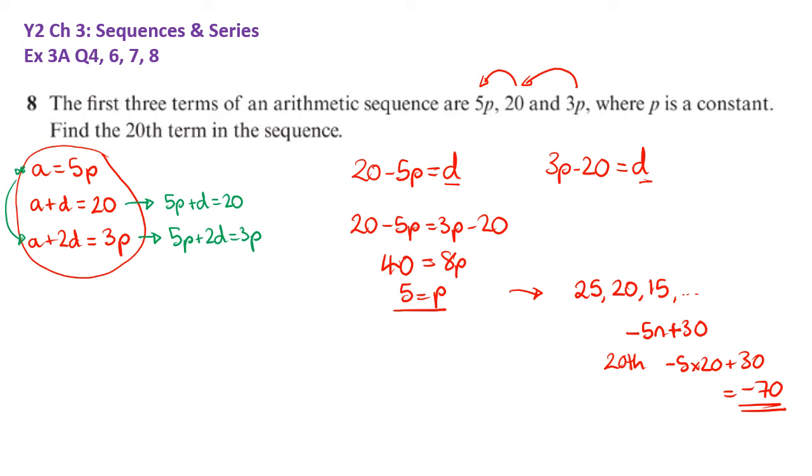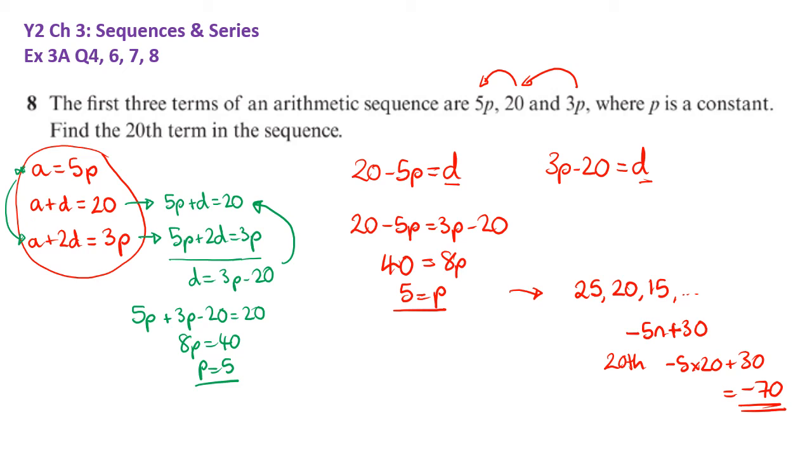You could subtract one from the other. 5p minus 5p disappears. 2d minus d gives us d is 3p minus 20. What could we do with this? Well, potentially you could plug it back in here, d, to get a single equation just in terms of p. So 5p plus 3p minus 20 equals 20. That gives us our 8p equals 40, and so on.